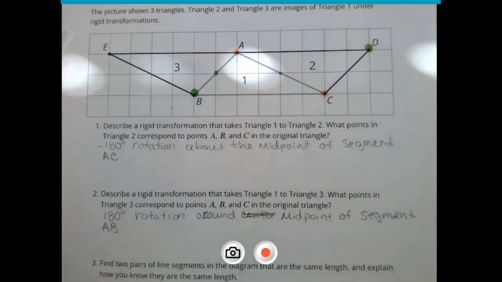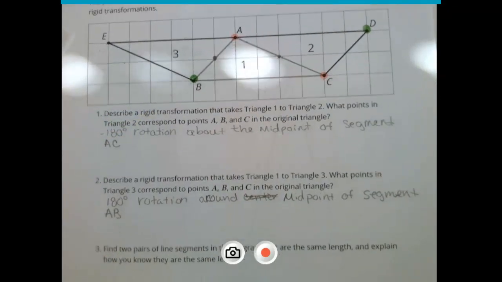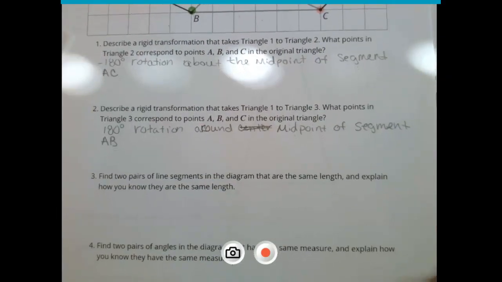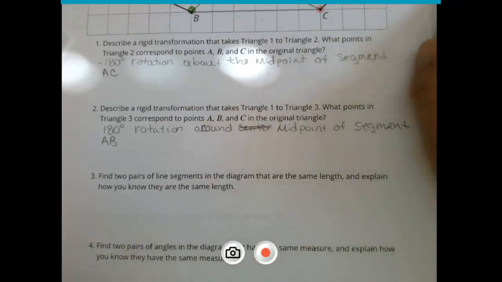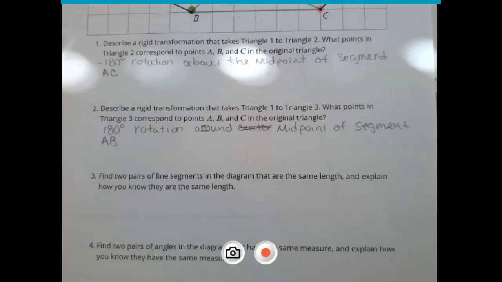So number 3, let me push it up so you can see a little bit. Number C says find two pairs of line segments in the diagram that are the same length and explain how you know. Okay, if you're looking at the diagram, let me get my highlighter.